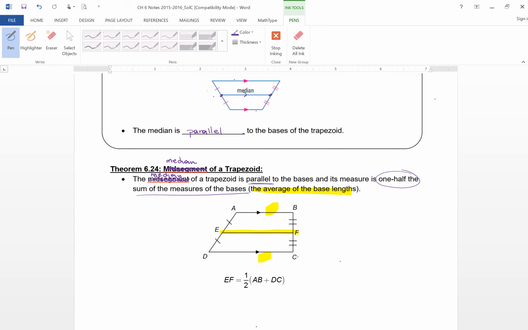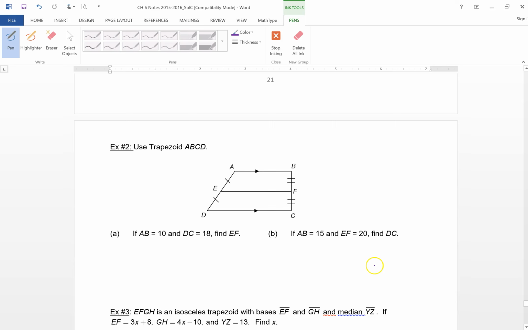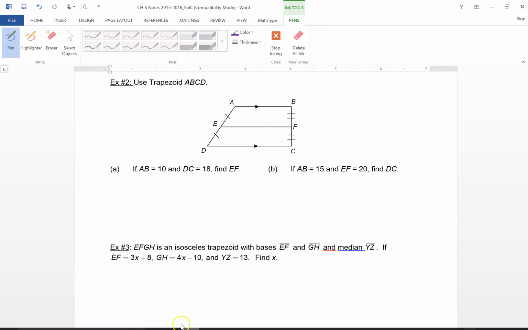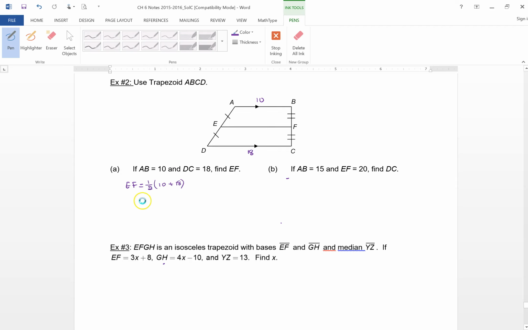All right, let's see where we can use that. So here you have a trapezoid ABCD. It says AB is 10 and DC is 18, and you want to find EF. Well, EF is just the average of the two, so it's just 14.